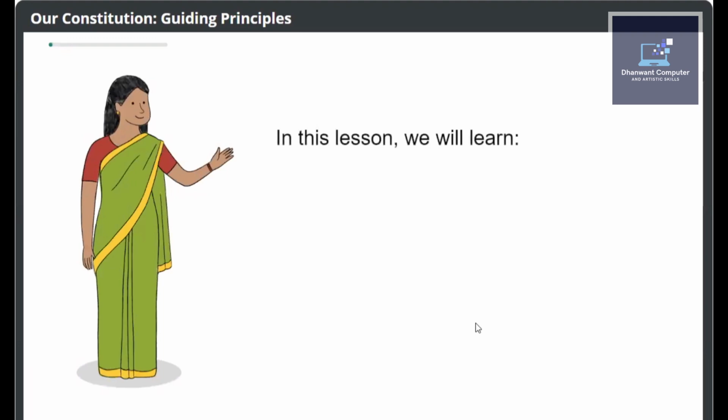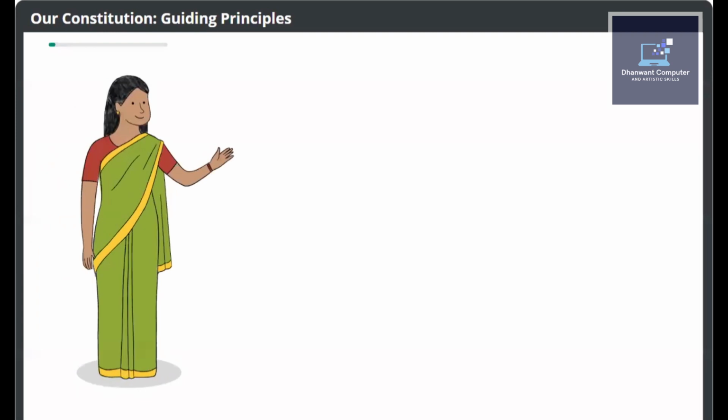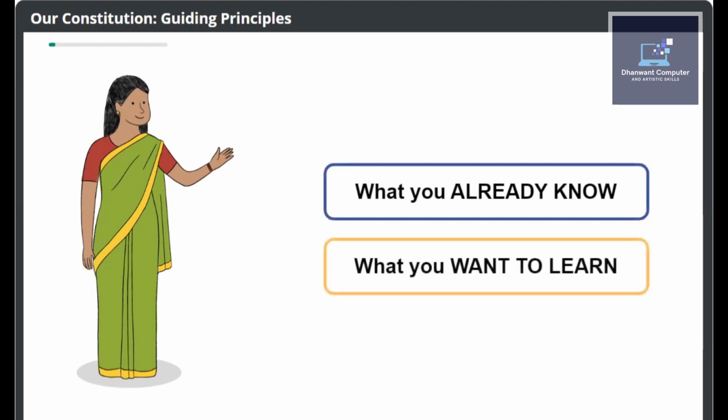In this lesson, we will learn the introduction to the Indian Constitution, the guiding principles of the Constitution, and rights and duties as an Indian citizen. Before we start this lesson, let's understand what you already know and what you want to learn about this topic.